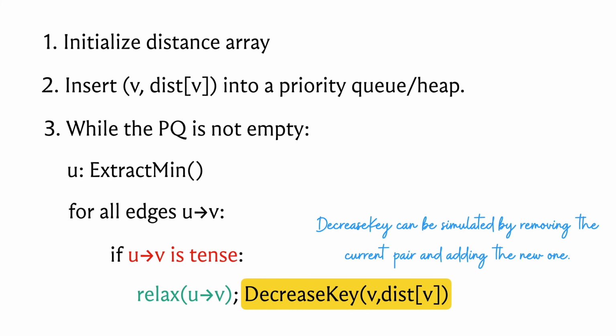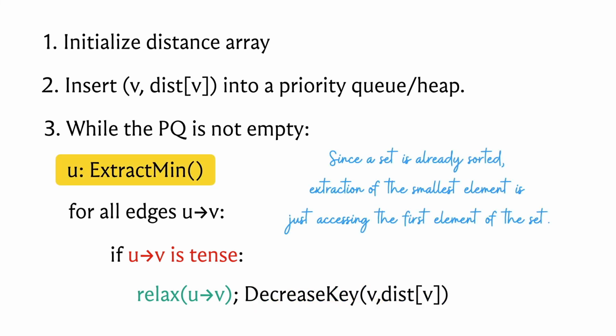So hopefully that makes sense. And notice that extract min is also easy to simulate because the collection is sorted. When you use a set, you can just access the first element, and that's the one to remove. So you can also invoke the remove operation, which is a part of the set interface, on just the first element. So that's very much doable.